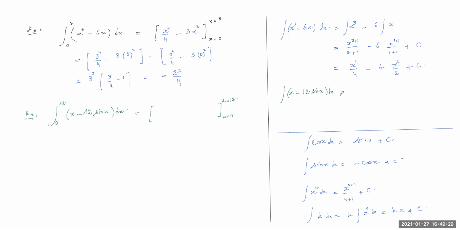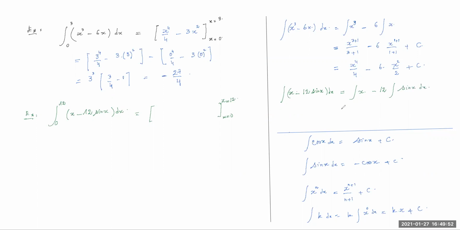First we can find the antiderivative of x minus 12 sine x: the antiderivative of x, minus 12 times the antiderivative of sine x.